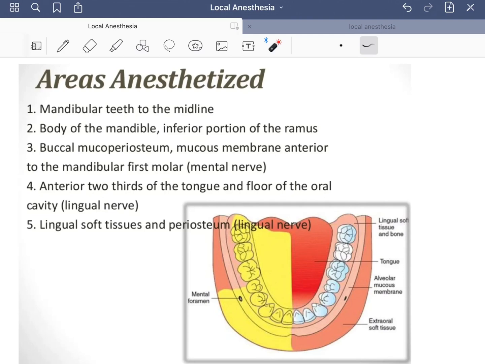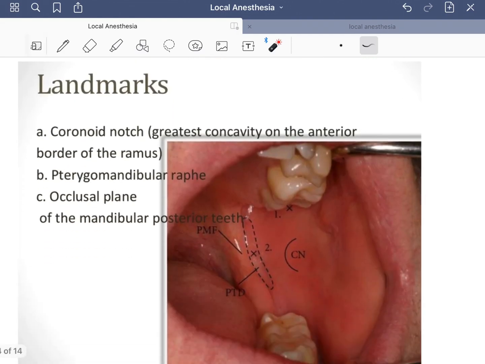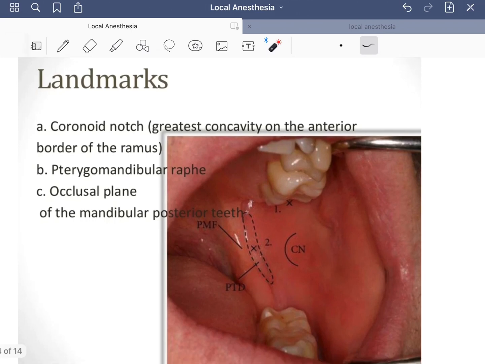the inferior alveolar nerve. We have three landmarks you have to keep in mind, which are very important for successful anesthesia. First, the coronoid notch, which is the greatest concavity on the anterior border of the ramus, as shown here, and the pterygomandibular raphe.